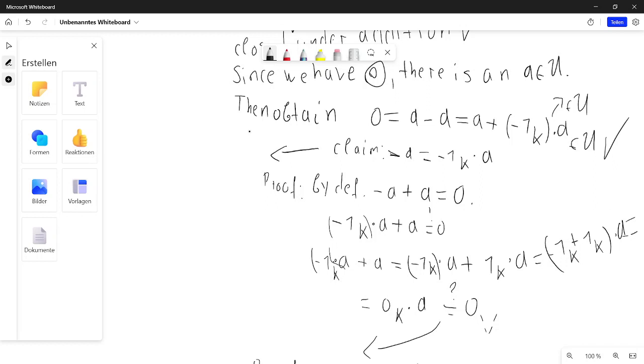We can define minus a that way, and it is indeed in U, because U is closed under scalar multiplication, and this is just an element in K, minus 1K, and this is an element in U, right? Proves existence of the inverse element.